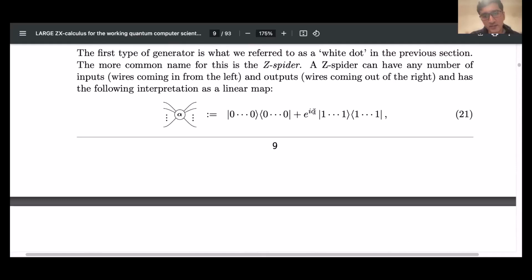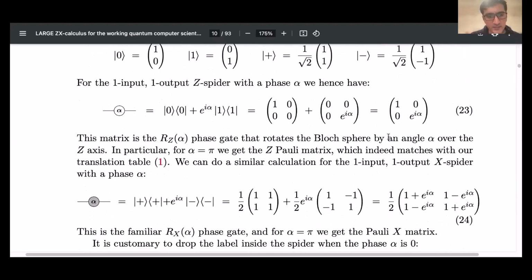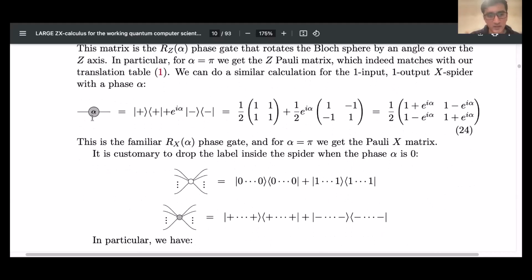The phase of the spider is here, alpha, and this is in terms of kets and bras. Likewise, for the red spider, we have this interpretation. Just to give you some more examples, this is a Z spider rotation with the alpha phase. This is what it looks like in the bracket notation, and this is in the matrix notation. Likewise for the red spider.